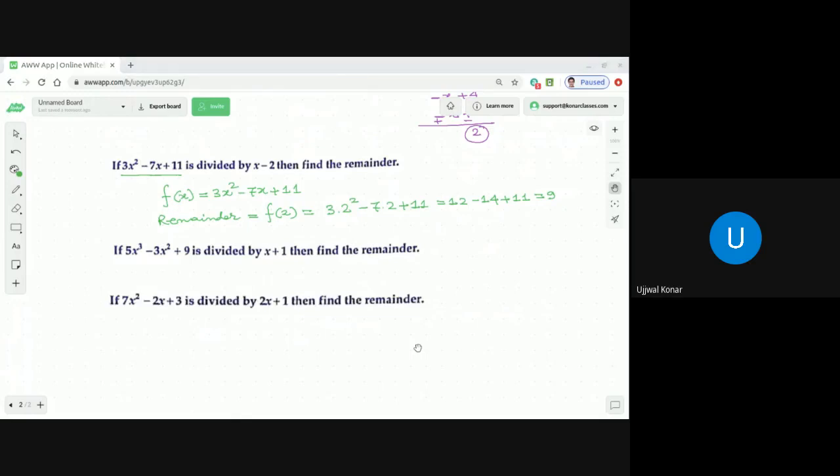And the second question is: if 7x square minus 2x plus 3 is divided by 2x plus 1, then find the remainder. Please do it, and then we'll have a class at 6:30.